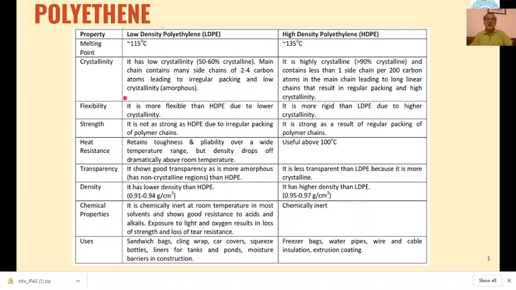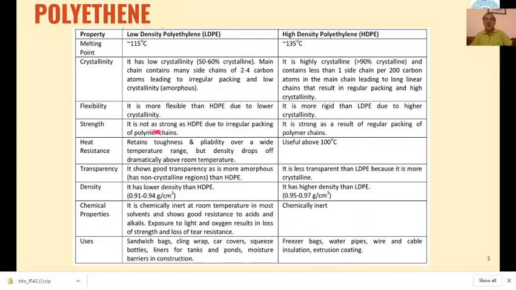Then flexibility, because LDPE has more side chains and is amorphous in nature, it is more flexible than HDPE, because here the crystallinity in the polymer is low. Because of that, this is more flexible, whereas HDPE is more rigid as compared to LDPE because of the high crystallinity.